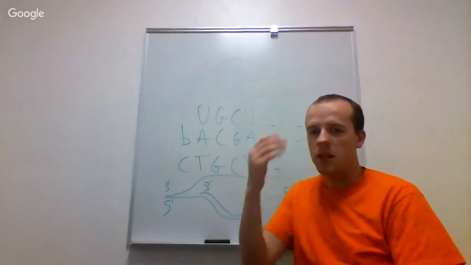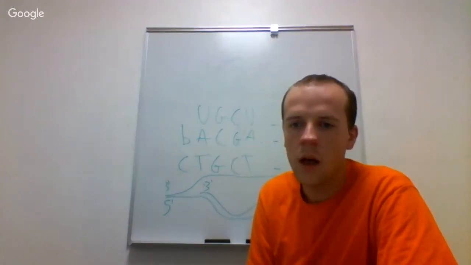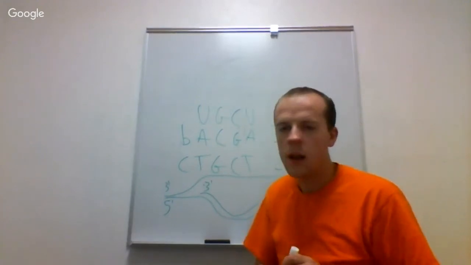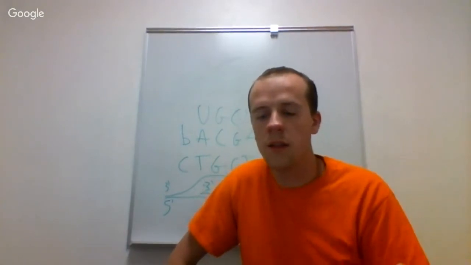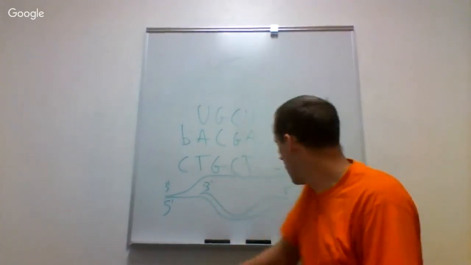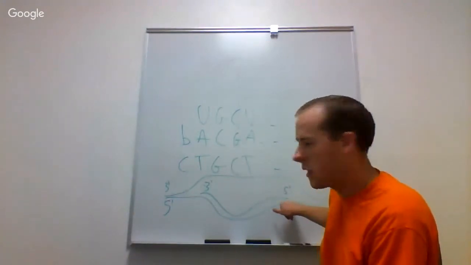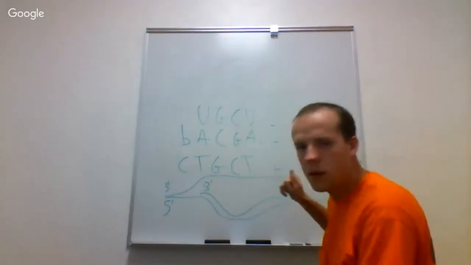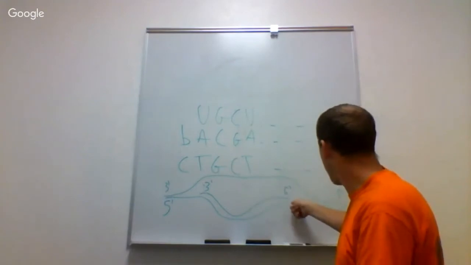Okay, so then it asks on which side is the transcription start site in the TATA box located. So let me think. It synthesizes from right to left, so it started on this side. So the TATA box and the transcription start site will both be over here.